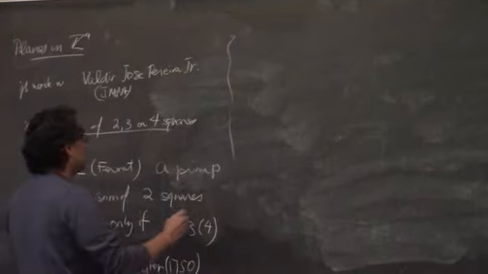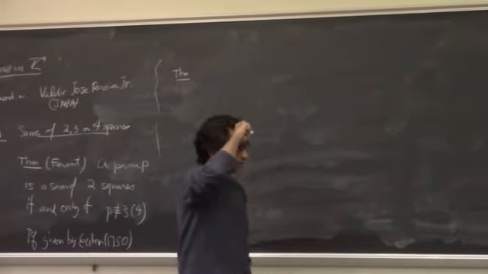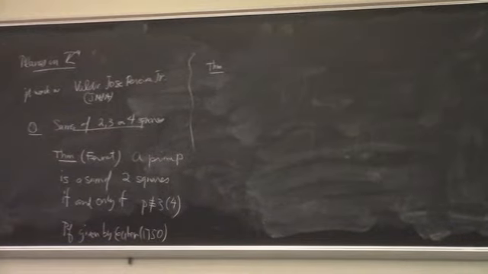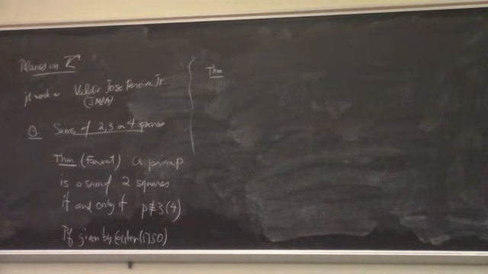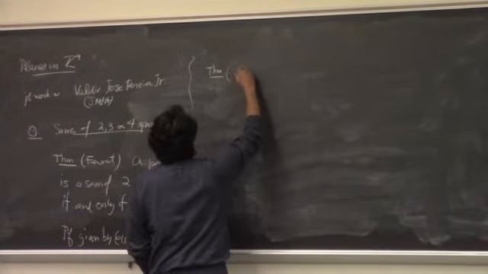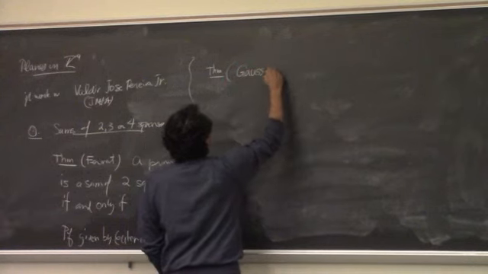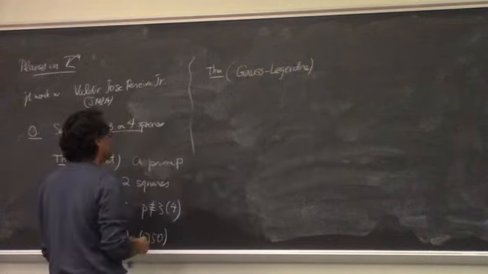For 3 squares, we have a similar result. Gauss gave the first complete proof.